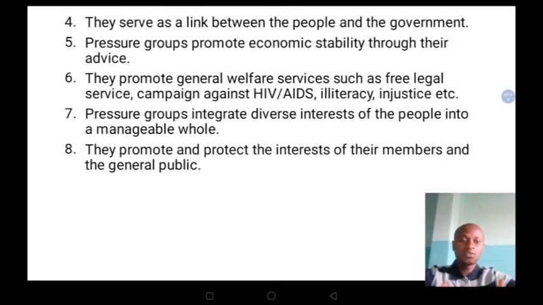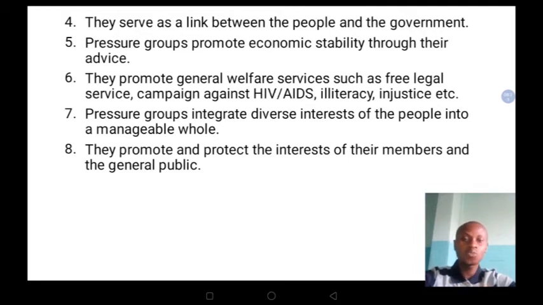It will integrate them, aggregate them, and bring them to a manageable whole, so that they will be able to present it to the government, and government will do something about it. This function is also performed by political parties. They aggregate the interests of the entire public, bring it to a manageable whole, and they express it. Okay? Now, that's by the way.